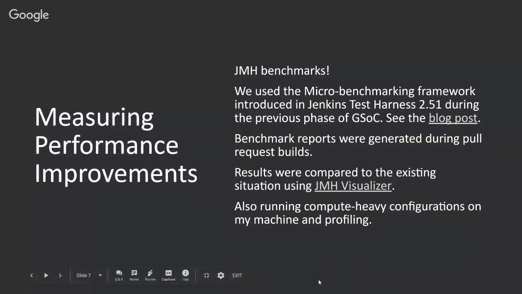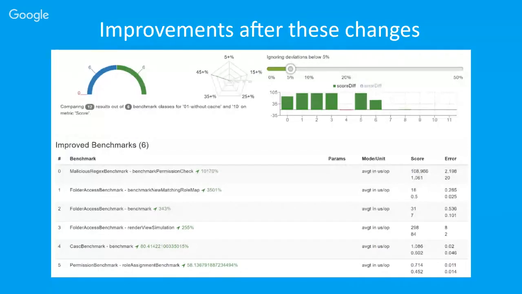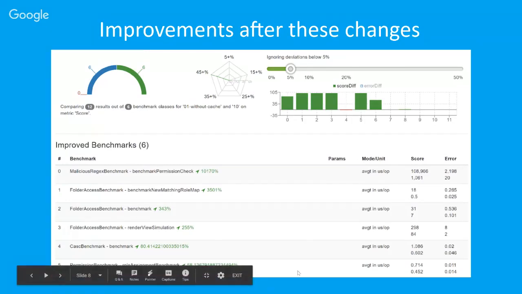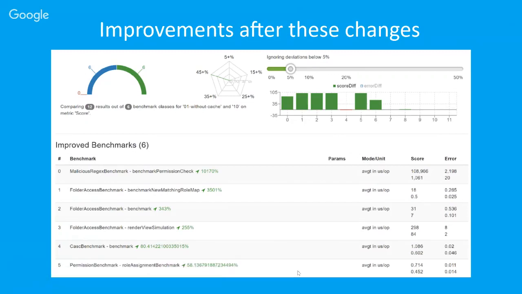These results were also verified by running compute heavy configuration on my machine and running profiling using VisualVM. Now, the improvements that we have observed after these changes are up to 10,000% in the overall performance of the plugin. So these are the best case scenarios, but it has been verified that these performance improvements have actually been made.